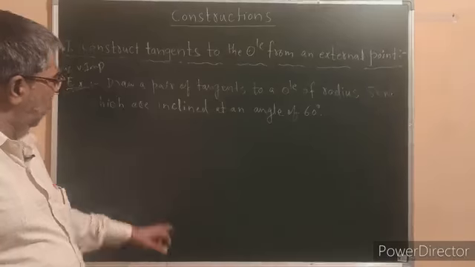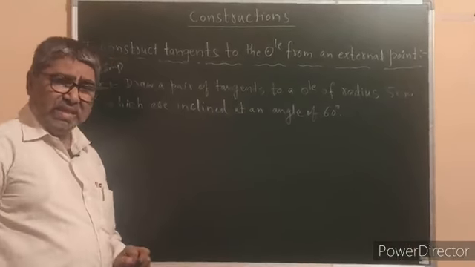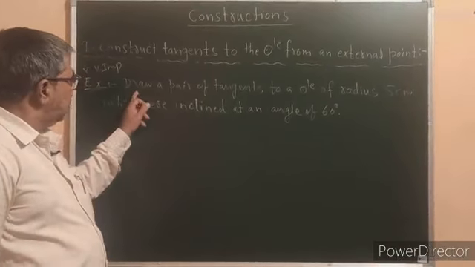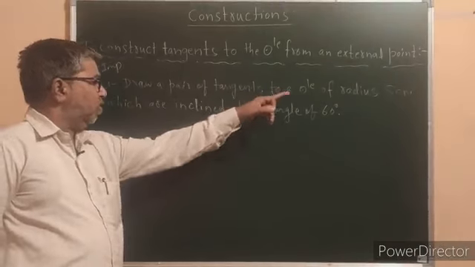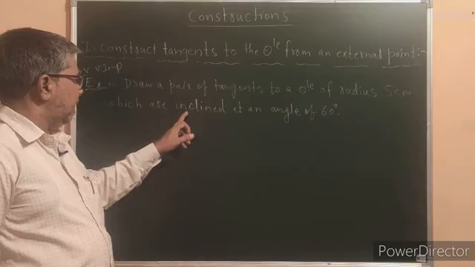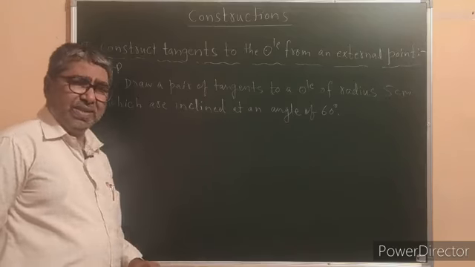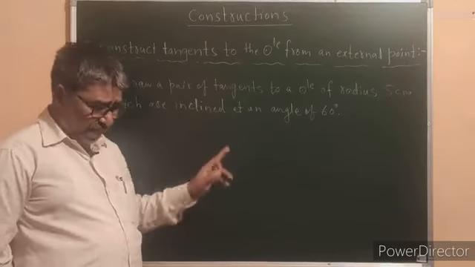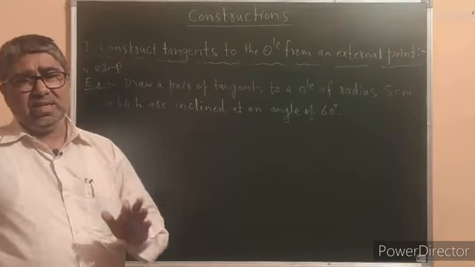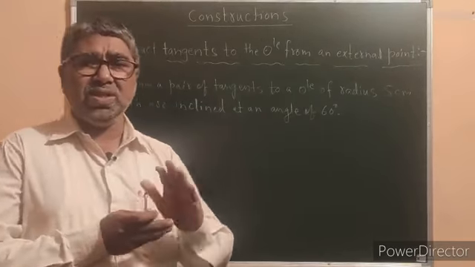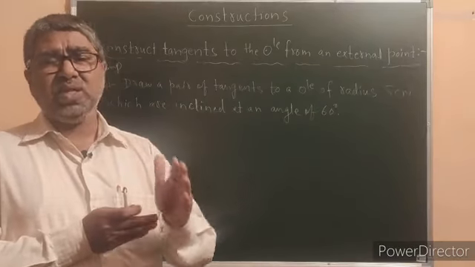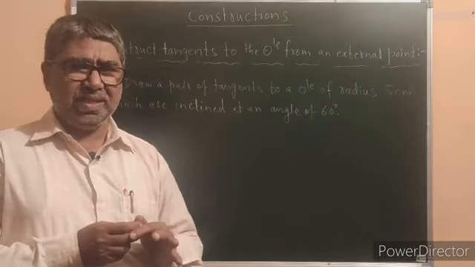So the example I have taken here is, draw a pair of tangents to a circle of radius 5 centimeter which are inclined at an angle of 60 degrees. Inclined at an angle of 60 degrees means the angle formed between the two tangents must be 60 degrees.